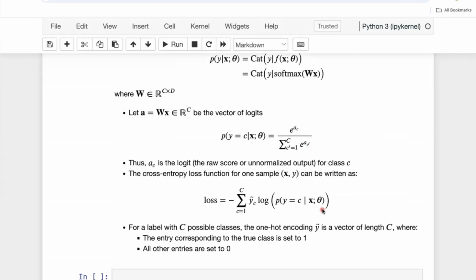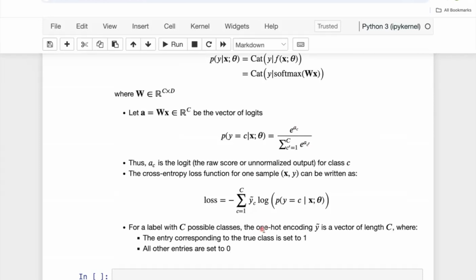There's only one small thing here that we have to talk about. Since here we have C classes, for each data point we can create a vector that has C elements, and only one of these elements is equal to 1, corresponding to the category or group that data point belongs to, and the rest of them are all zeros.